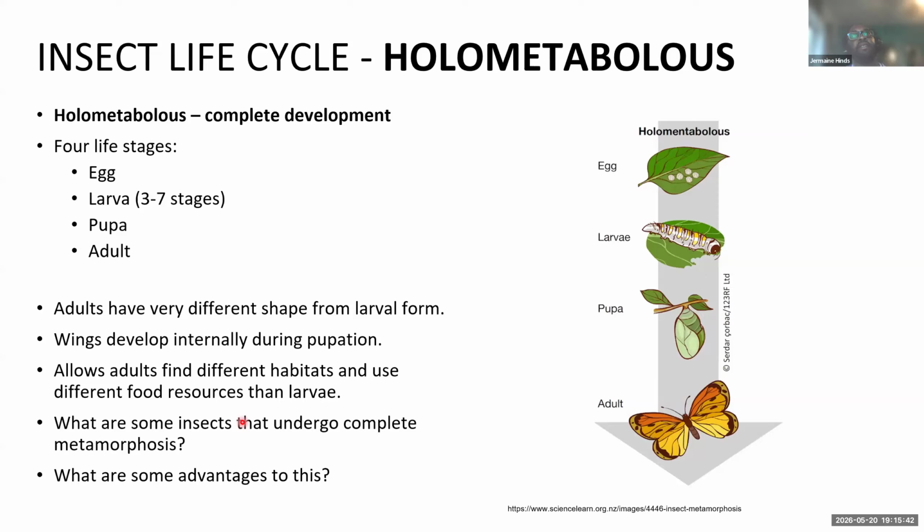So what are some advantages to this? Again, the adult and the larvae can inhabit very different habitats and use very different food sources. So there's an advantage if your habitat is maybe fleeting. Think about mosquitoes, right? After a large rain, you might have standing water ponds that are there for a week or so.